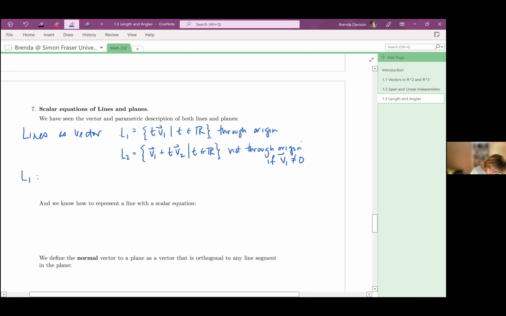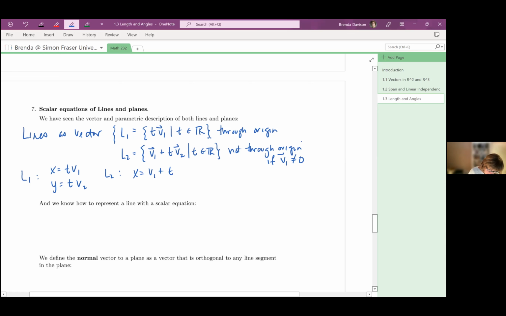Okay, and then we saw, for example, L1, we could represent it parametrically in the following way. So I'm going to take this vector equation here and represent it parametrically. That is, x is equal to T V1 and y is equal to T V2. And then I will take this line, L2, and represent it parametrically. That looks like this. X is equal to V1 plus 2T.